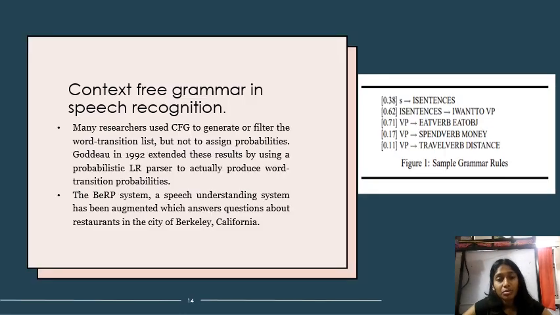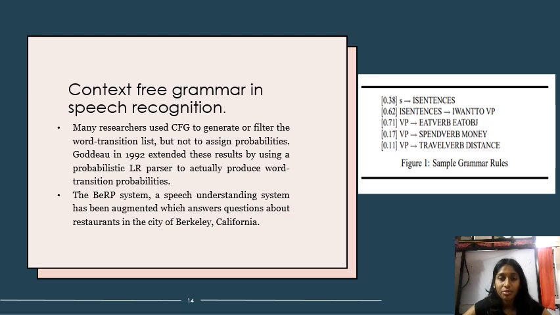In context-free grammar in speech recognition, many researchers use CFG to generate or filter the word transition list, but not to assign probabilities. Kowtko in 1992 extended these results by using a probabilistic LR parser to produce word transition probabilities. The BERP system, a speech understanding system, has been augmented, which answers questions about restaurants in the city of Berkeley, California.